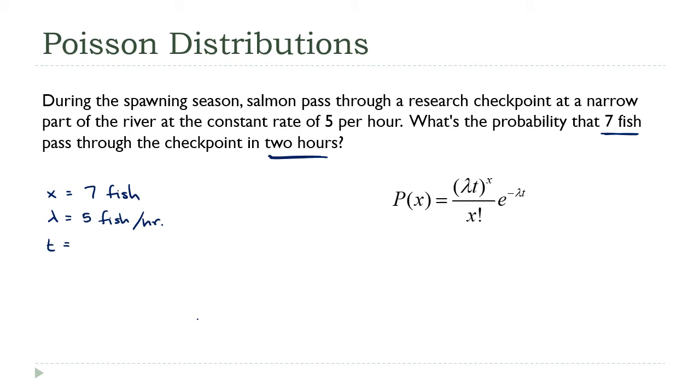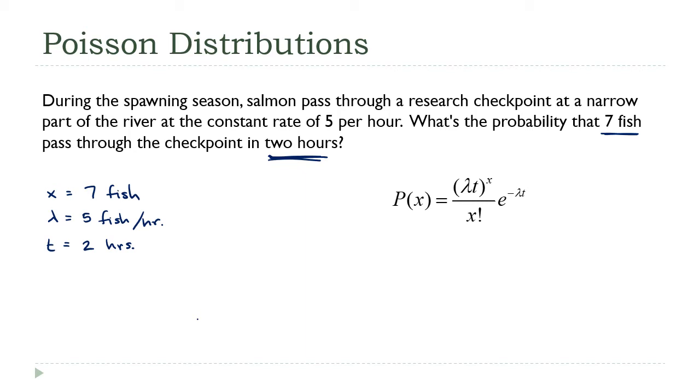Now, t is the time frame that we're interested in. Well, the question specified 2 hours. So t is going to be 2 hours, and the units match, so we're in good shape. We don't have to worry about that. Now it just comes down to using the formula.